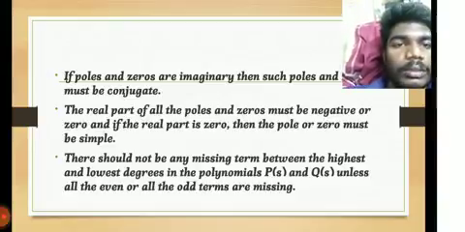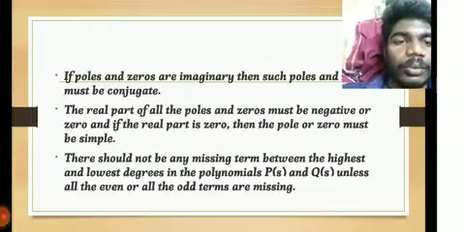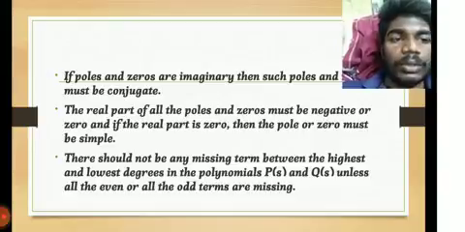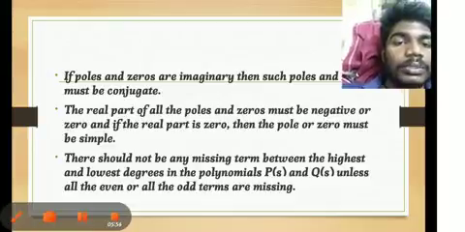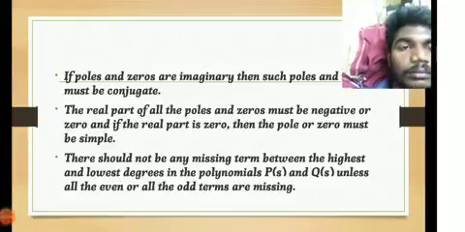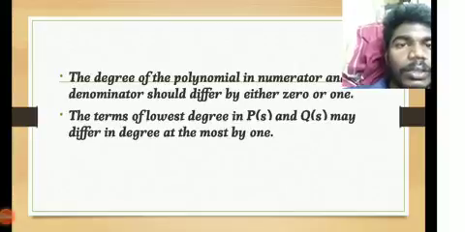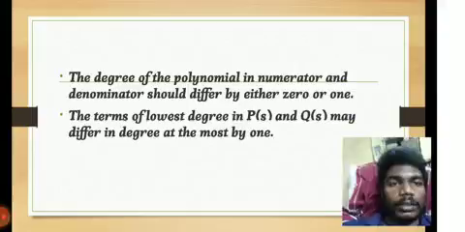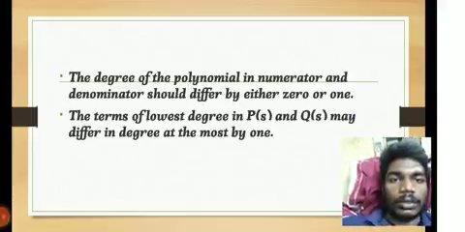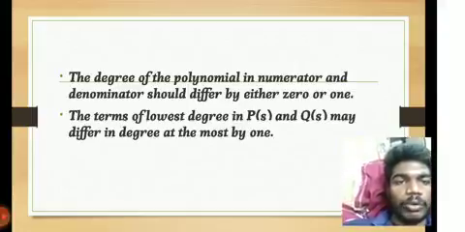There should not be any missing term between the highest and lowest degree in the polynomials P of S and Q of S, unless all the even or all the odd terms are missing. The degree of the polynomials in numerator and denominator may differ by at most 1. The terms of the lowest degree in P of S and Q of S may differ in degree by at most 1.